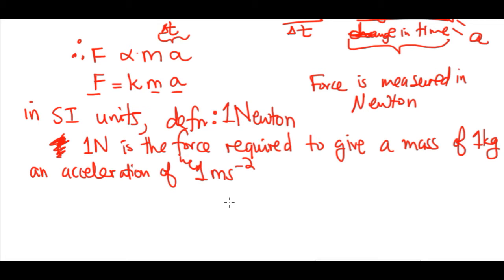That is the definition of the force of 1 Newton. A 1 Newton force is the force required to give a mass of 1 kg an acceleration of 1 meter per second squared.